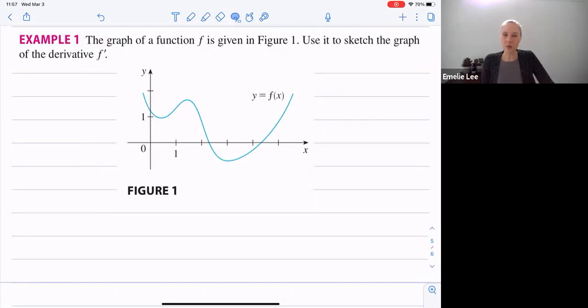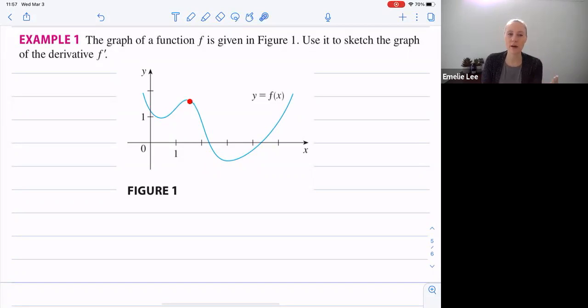There are some key components that will help you sketch it. The first is that at any maximum or minimum value, and here we've got 2 minimums, the slope of the tangent line is going to be 0.